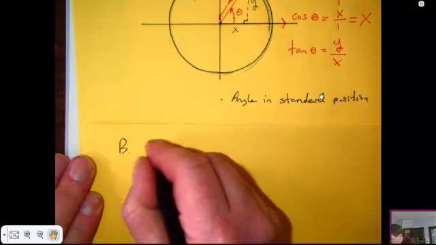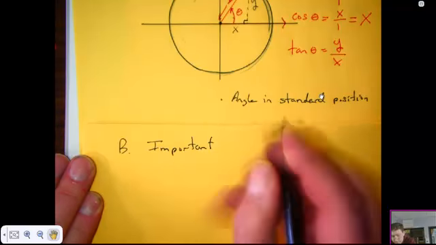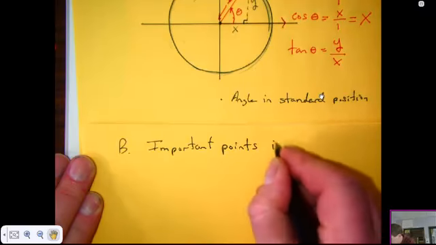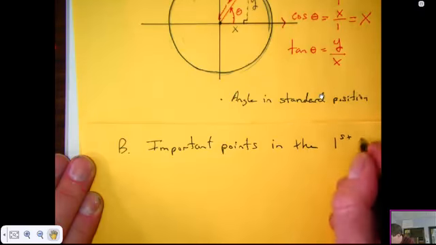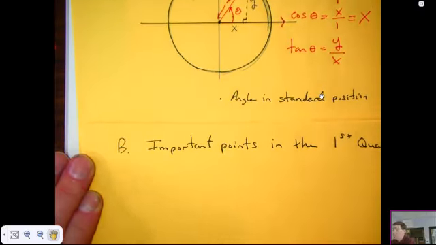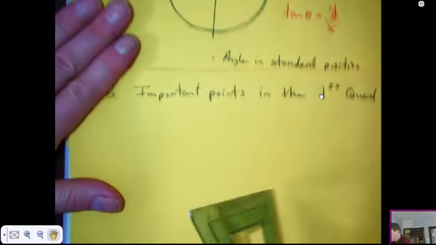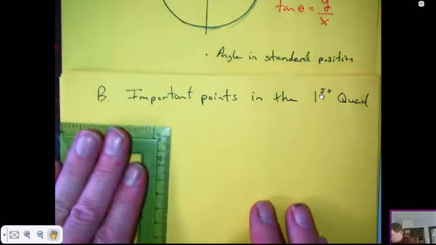So this is the important points. What I'm going to do is draw a large first quadrant only.